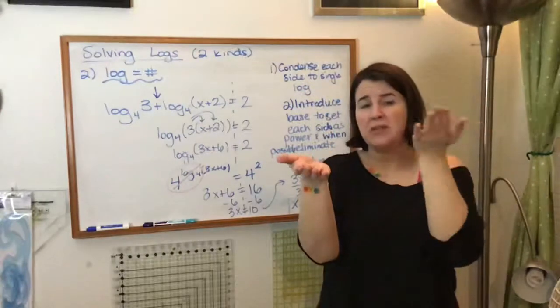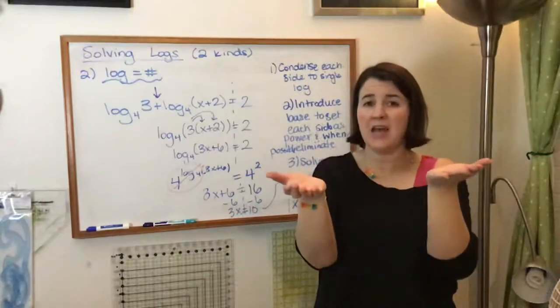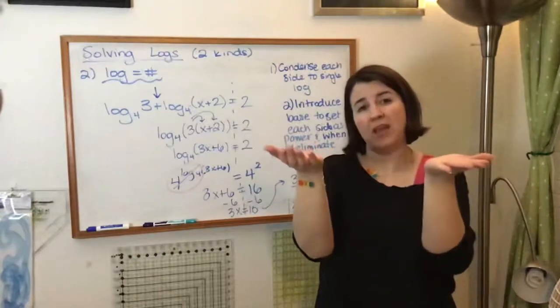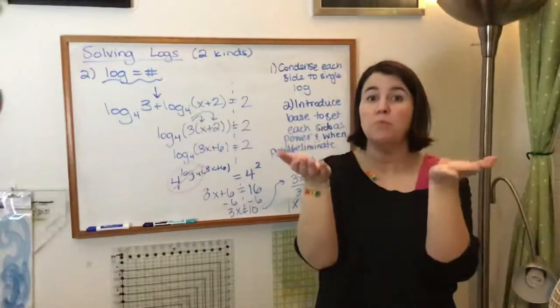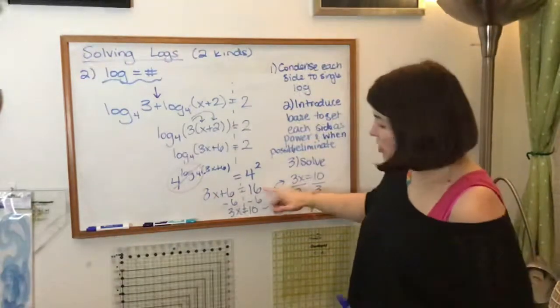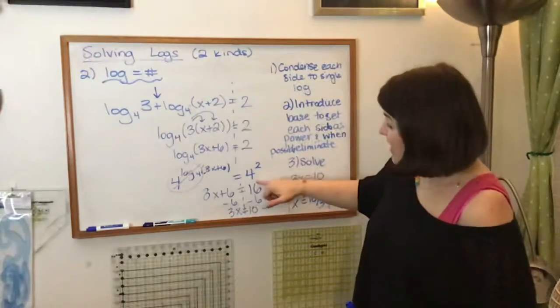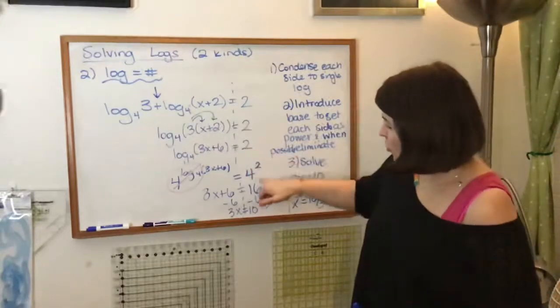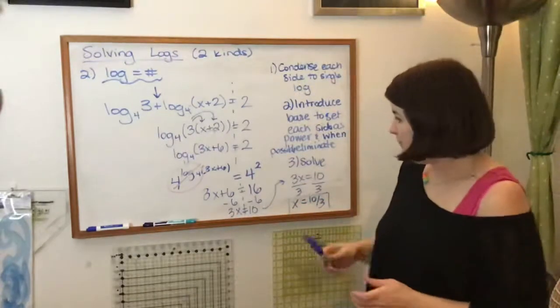Whereas if I introduce a base of 4 on this side and a base of 4 on this side, it might look a little wobbly at first, but they even out because I've done the same thing to both sides of the scale. All right, once I get rid of that, it now is just a solving problem. Don't forget to take your base to whatever your power is and solve.